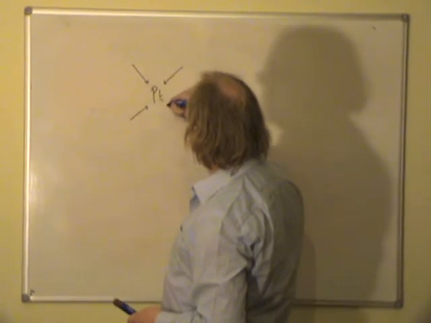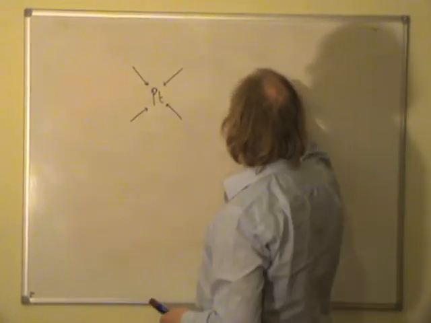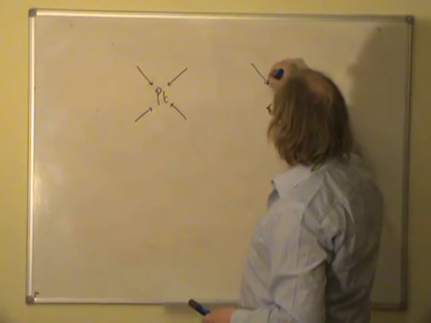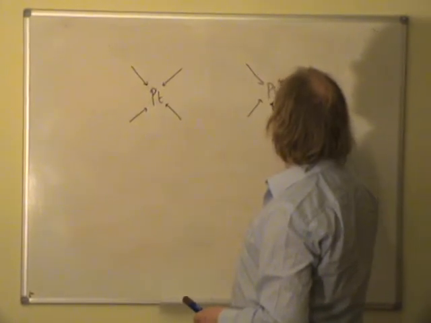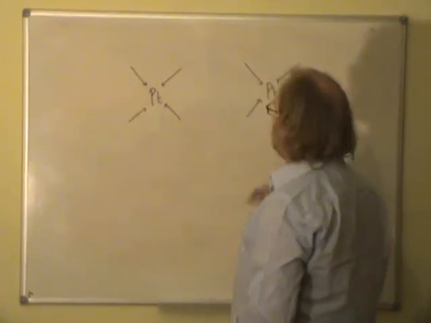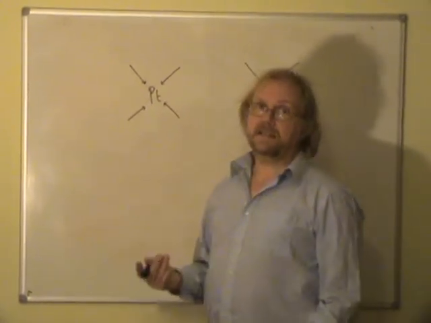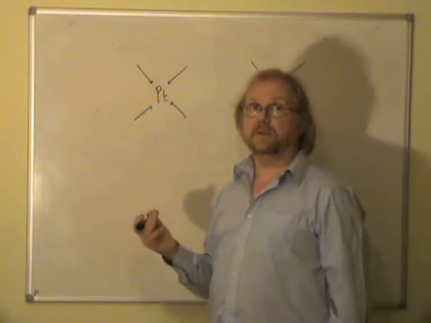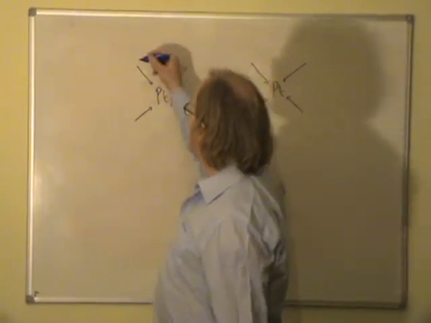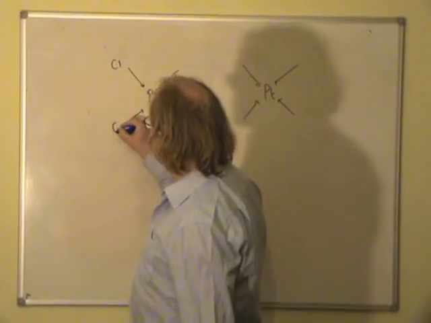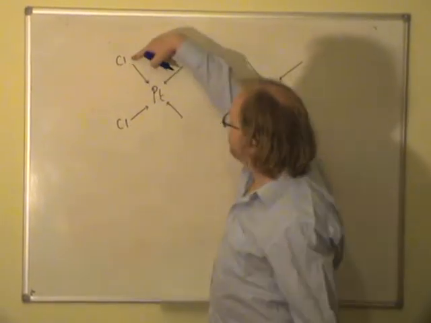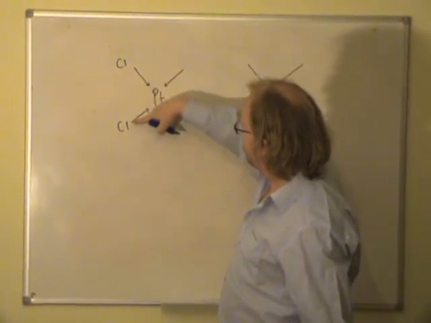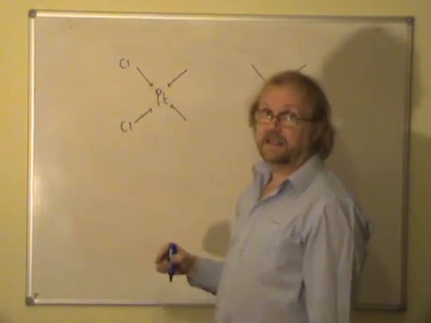So you just put platinum in the middle of a square with 4 dative covalent bonds coming in around it, like that. And if it's cis, it means that if you take 2 ligands that are the same as each other, like the 2 chloride ions, that they're going to be 90 degrees apart. So in that complex, the angle between that chloride ion and that chloride ion between their covalent bonds is 90 degrees.